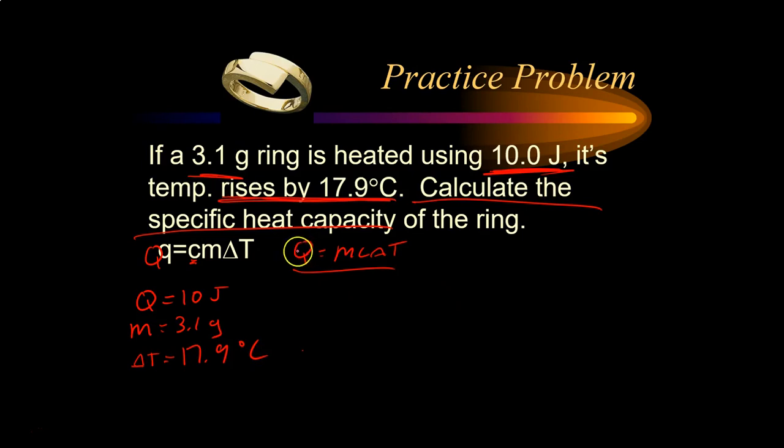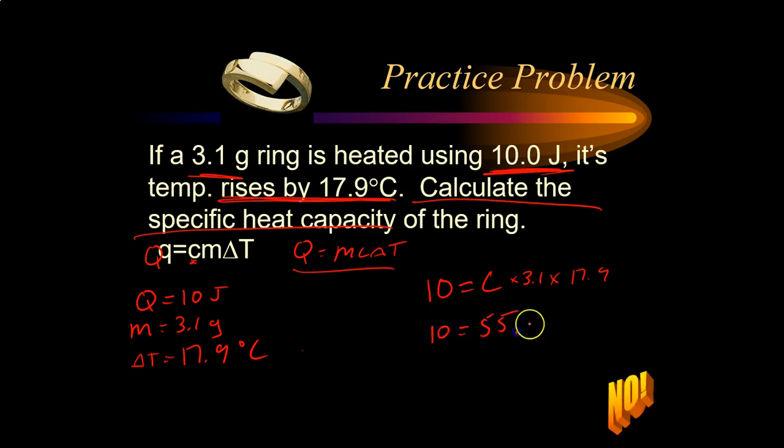Next, I'm going to start plugging into this formula. So my Q is 10, which is equal to C times the mass, which is 3.1, times the change in temperature, which is 17.9. I'm going to do 3.1 times 17.9 first, and I get 10 is equal to 55.49 times C. To get rid of that 55.49, I'm going to divide by it on both sides, because that's how I get rid of it.